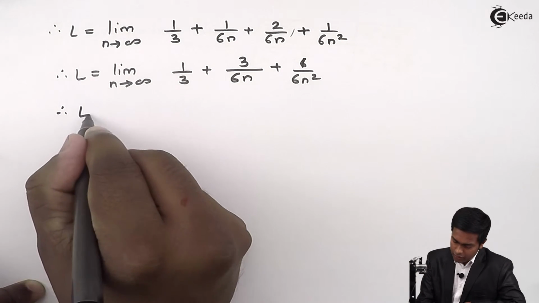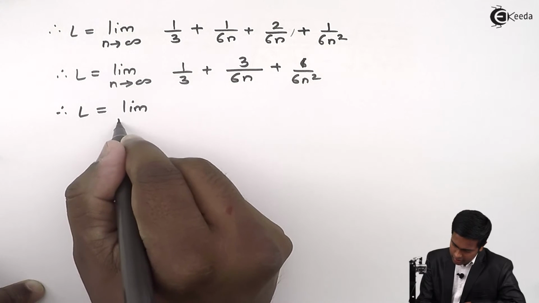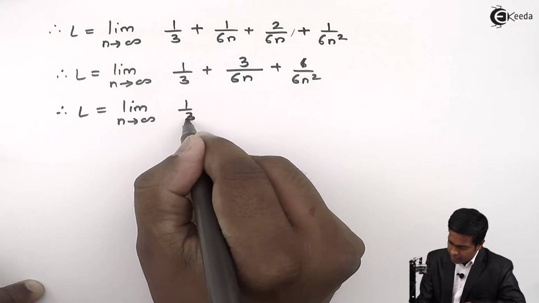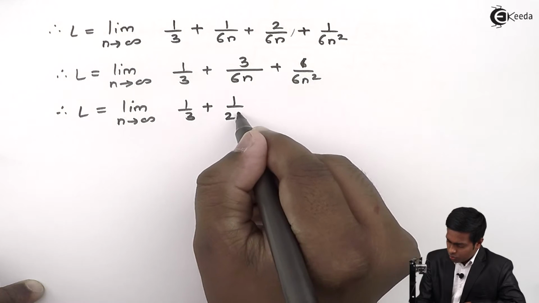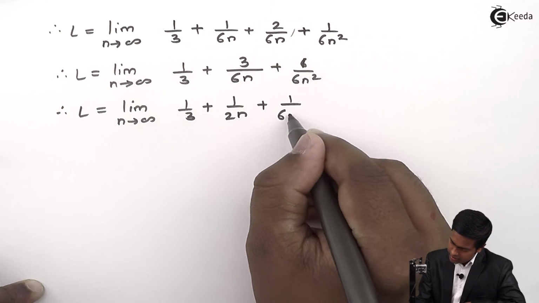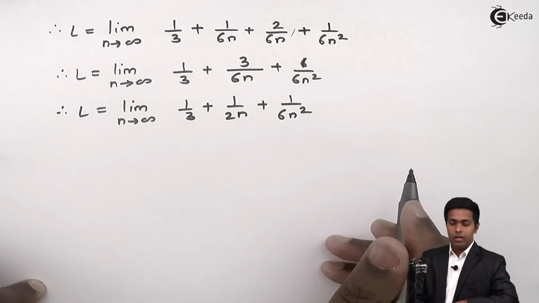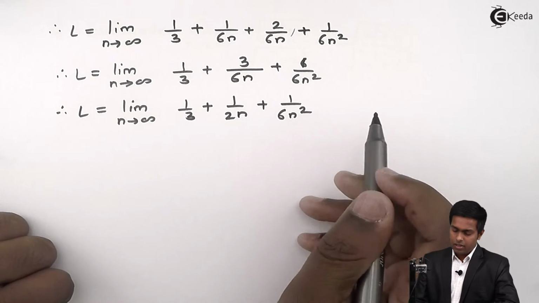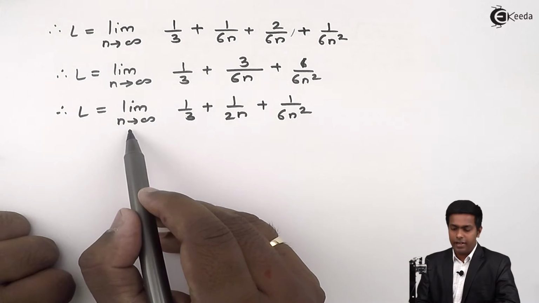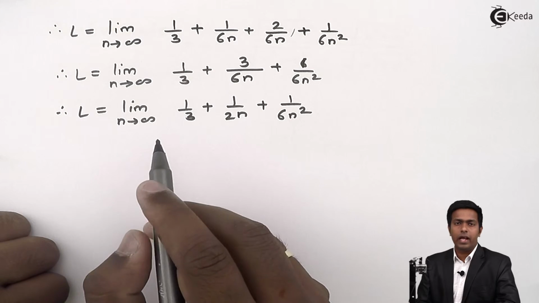Therefore L will become limit n tends to infinity of 1 by 3 plus 1 upon 2n plus 1 upon 6n square.